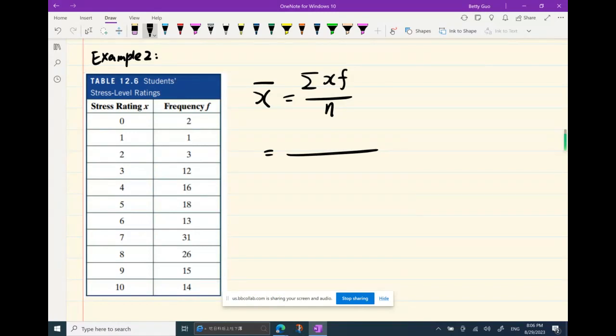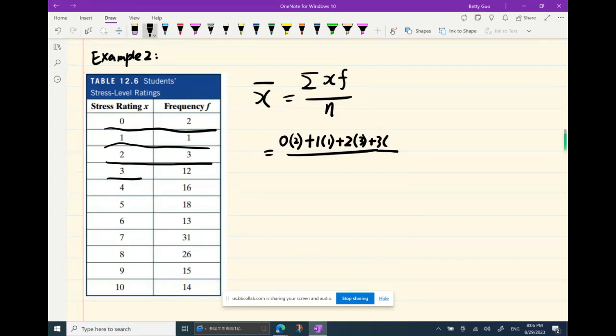Let's talk about the numerator. How do we find the numerator? This is how. First row, reading 0: the x value is 0, multiplied by the corresponding frequency 2, plus the second value, which is 1, multiplied by its corresponding frequency, and the next value is 2, 2 multiplied by its corresponding frequency 3, and then plus 3 times 12.